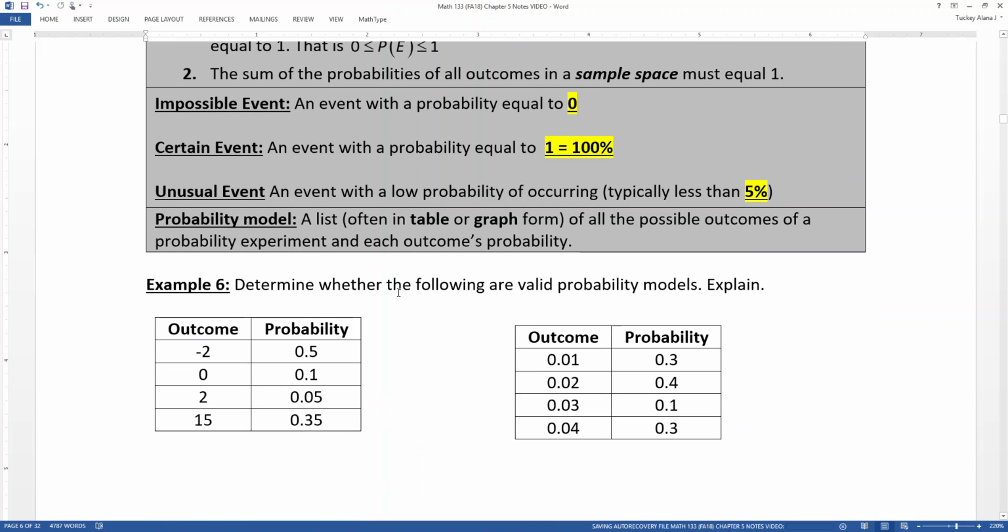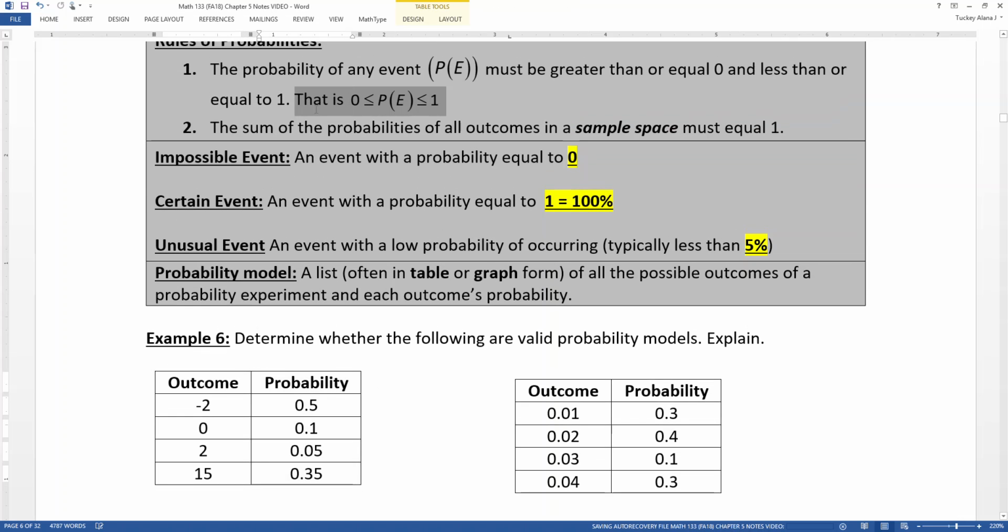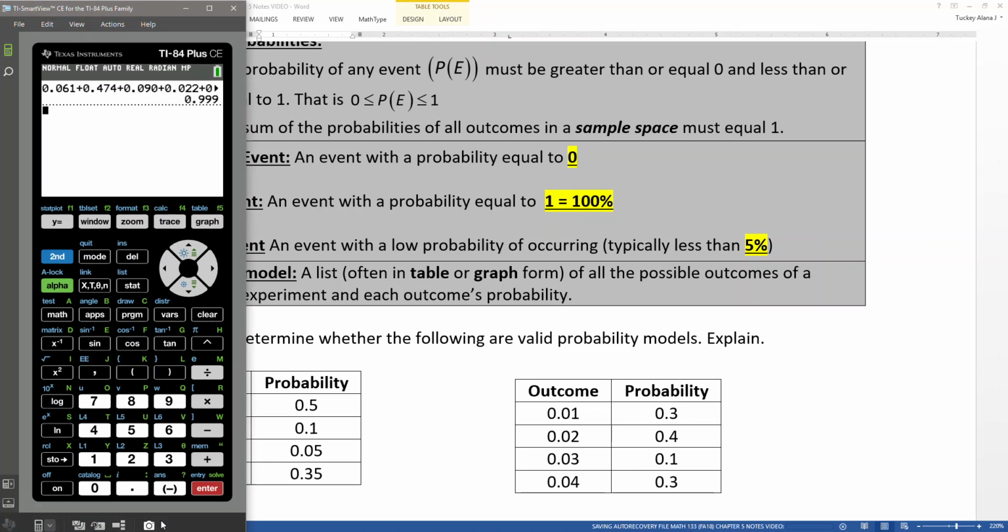So I have here two probability models, and you're trying to determine whether these are valid. So you have different outcomes, and these are the probabilities. Well, don't worry about the -2. -2 is fine. Where you care about negatives is in the probabilities, because all probabilities have to be between 0 and 1, and they must add up to 1. So we have to check those numbers.